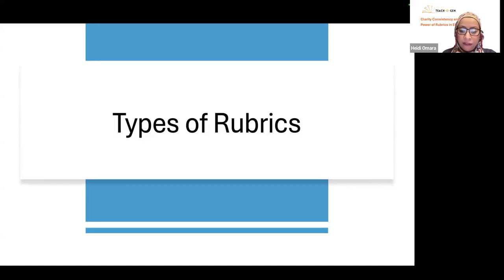For instance, I have got 250 exam papers to mark by the end of a semester if I'm at school, or for instance, for sixth graders. So what am I going to do? Am I going to mark and look at each and every single thing, or I'm going to look holistically at the writing? Let's see the types of rubrics, and then you tell me which one to choose.